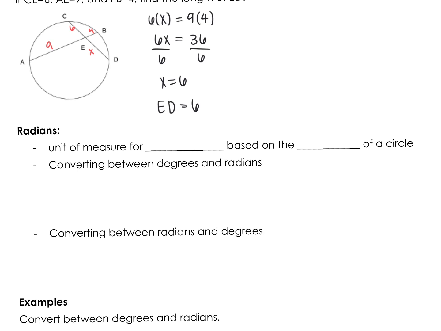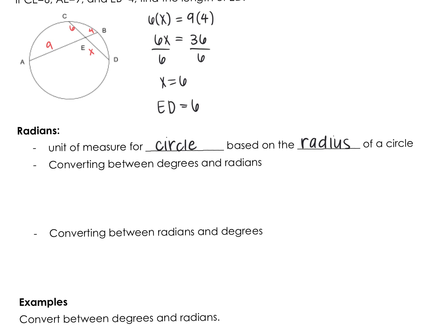But there's another form of measuring angles, and it's called a radian. So what a radian does is it's a unit of measure for a circle based on the radius of a circle. So basically it tells you how many times the radius fits around the circle.